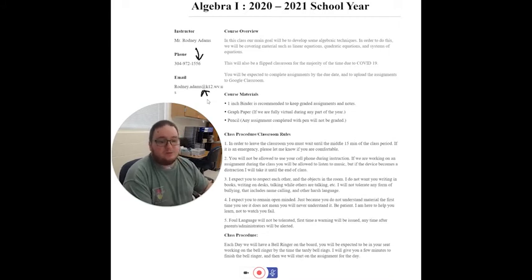Earlier in the year, some teachers got together and decided that Algebra I needs to be cut down a little bit this year, especially since you haven't been in actual school since March. So we're going to work on mostly linear equations. We're going to touch on quadratic equations, and the goal is to get all the way to systems of equations, which if you don't know anything that I'm talking about, that's perfectly fine. We'll go over it in class.